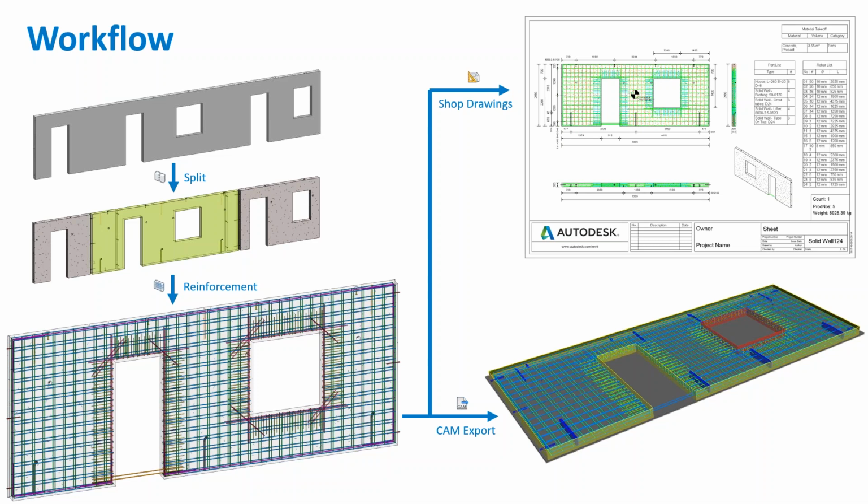Once they are split, fabrication and mounting parts are added to it as well. Then reinforce them automatically. And further on, create the documentation. It can be in the form of shop drawings or in the form of CAM files. And the CAM files that we can create are of various formats. It can be Unitechnic 5.2, 6.0, and 7.0, as well as PXML 1.3.